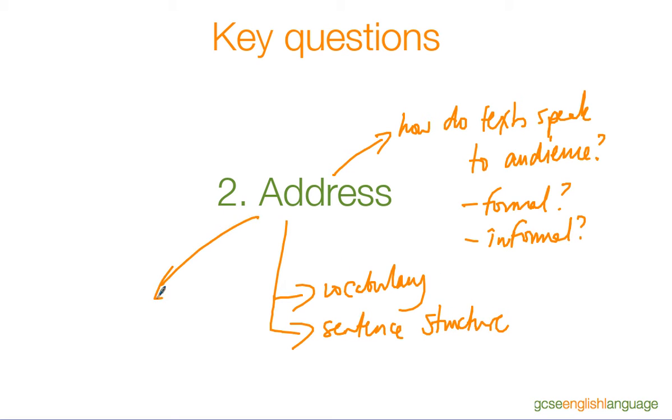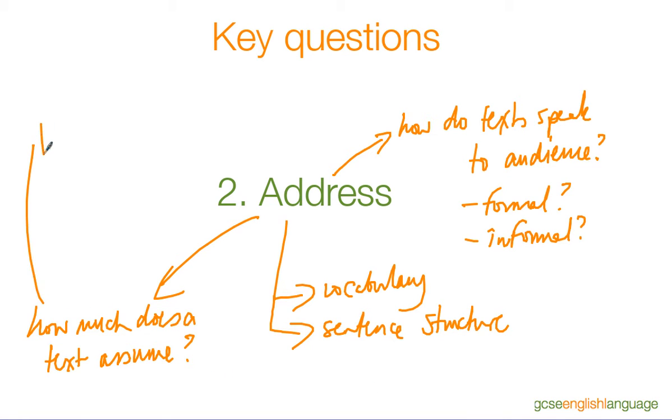So how much does a text assume of its audience? And then therefore how does it address them? Is it addressing them as people in the know? Is it addressing them as people who need to know? And so on and so forth.